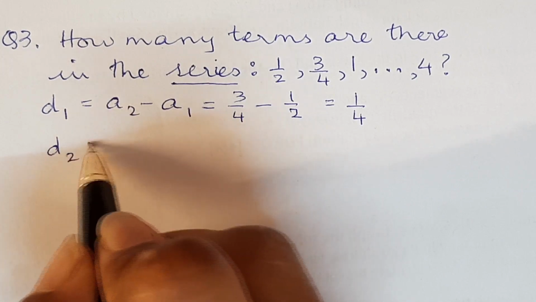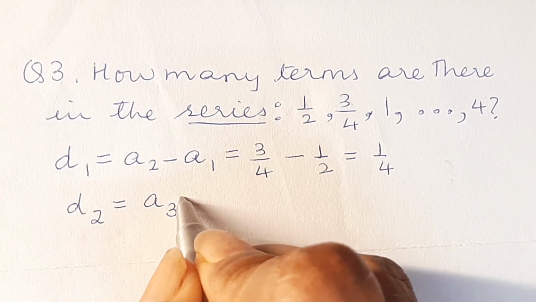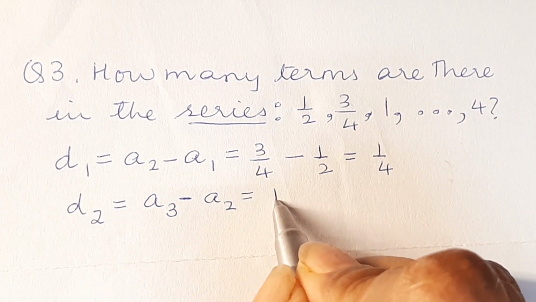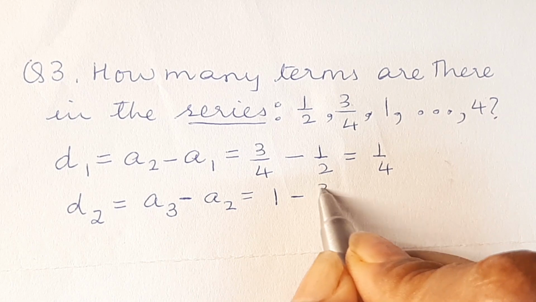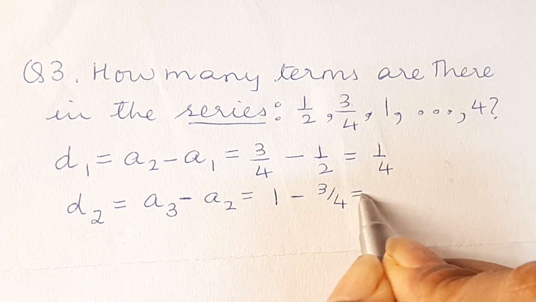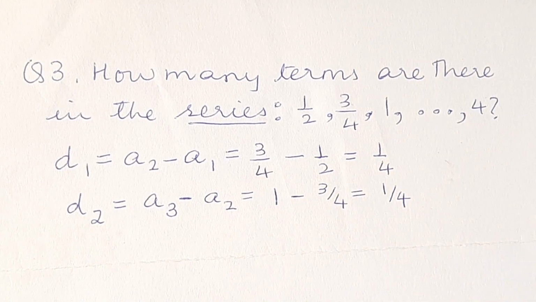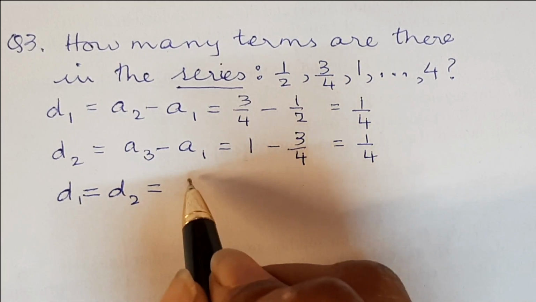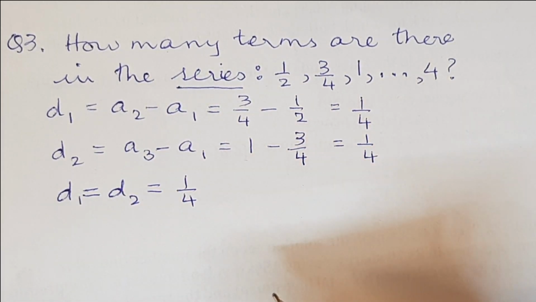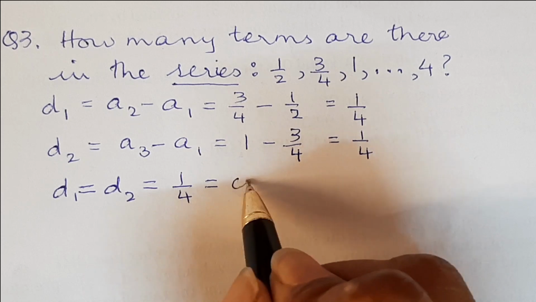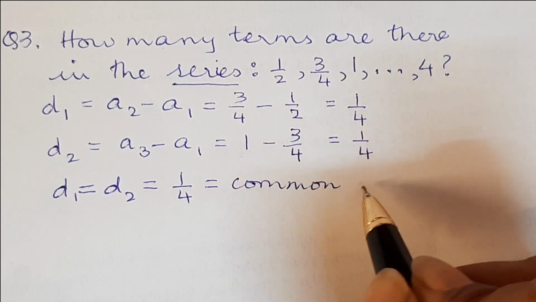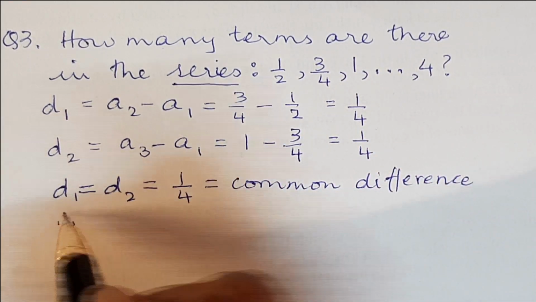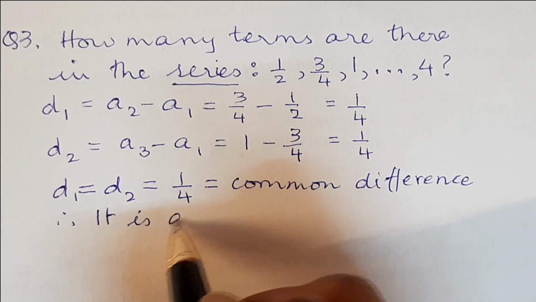Let us find D2, which will be now A3 minus A2, which is equal to 1 minus 3/4, equal to 1/4. Can we see that D1 is equal to D2, which is the same 1/4? And so we will say it is equal to the common difference. And therefore it is an AP.